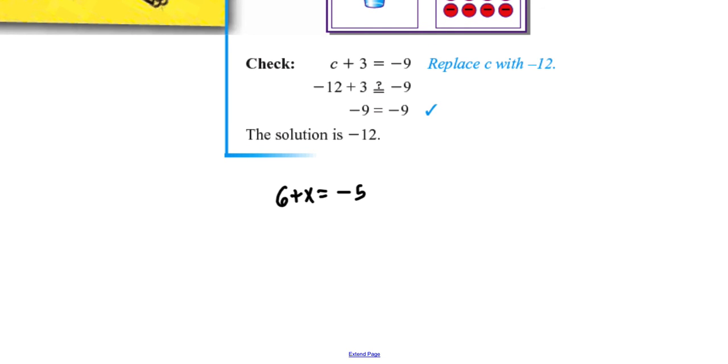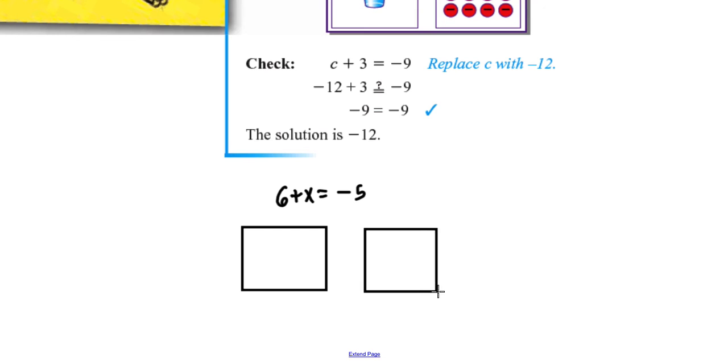So let's do that. Let's make a rectangle first. So this is our addition mat. Equal sign. So you have 6 plus x, 6 positive counters. Okay. And let me make my positive counters blue, negative counters red. 1, 2, 3, 4, 5, 6.